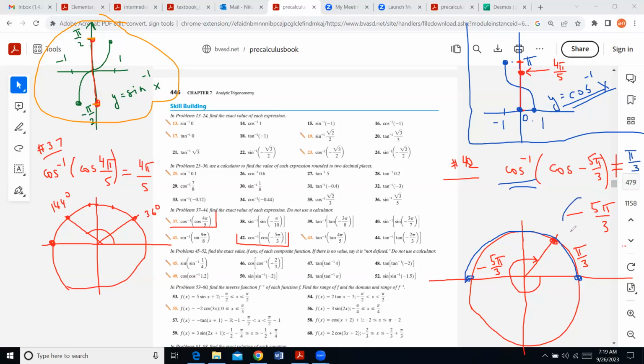So we didn't really get that same thing. We got an angle that ends at the same point, but it had to be positive, between 0 and pi. So this is really the idea.